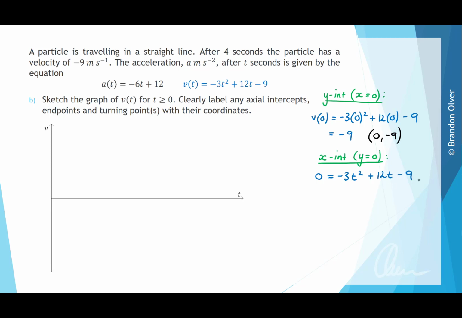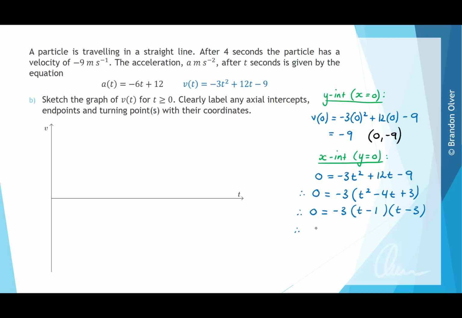The first thing we can take out is a highest common factor, -3, leaving behind t squared minus 4t plus 3. Then we can factorize this further by inspection. We look for the factors of +3 that add up to give -4, so we can have t minus 1 and t minus 3.